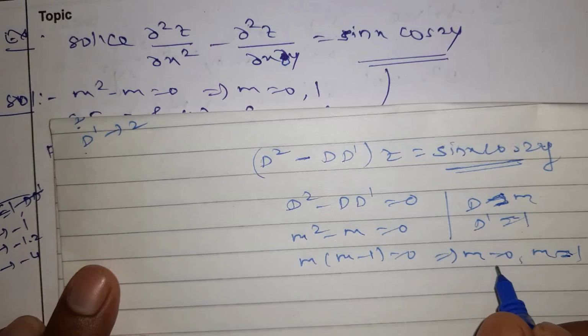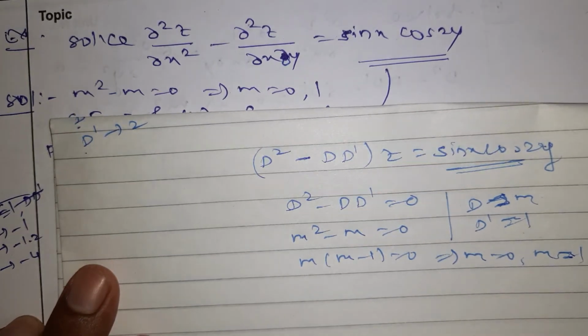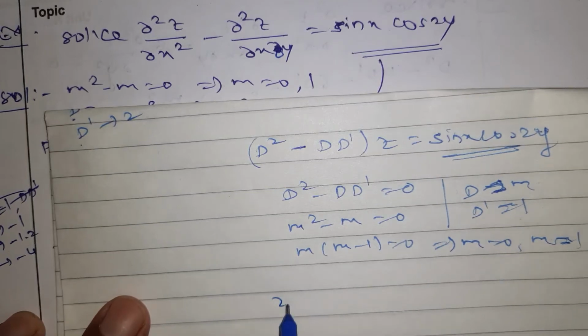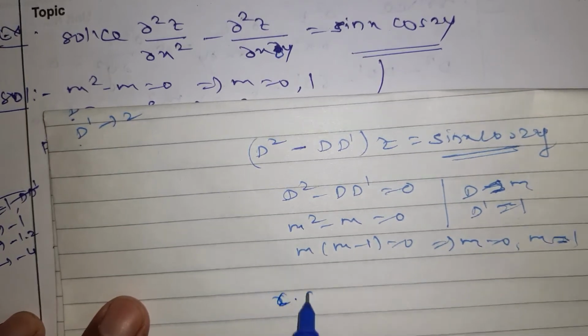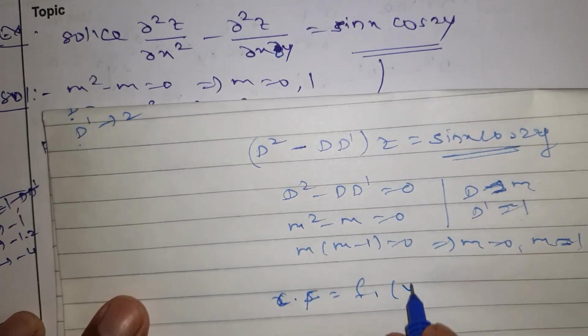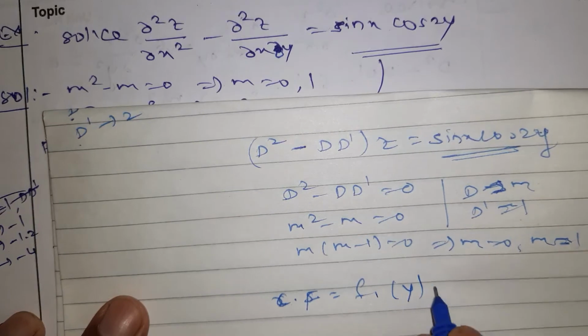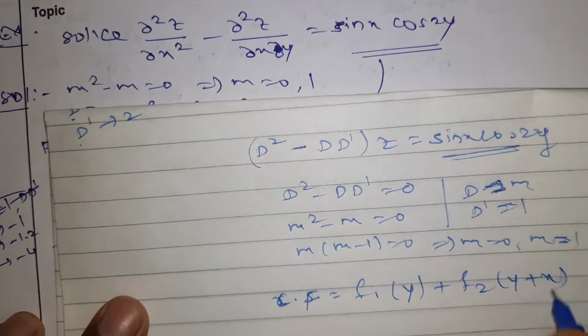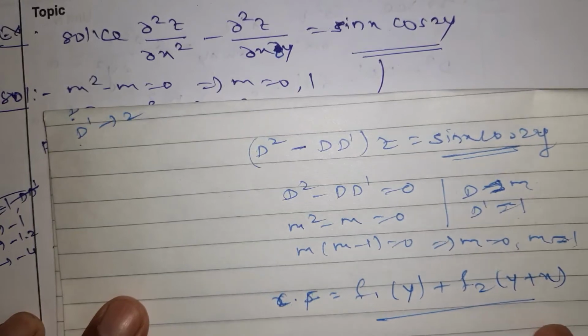Getting two roots, 0 and 1. Our answer, the complementary function, is z = f1(y + 0x), that is y, plus f2(y + x). Understood the first part.